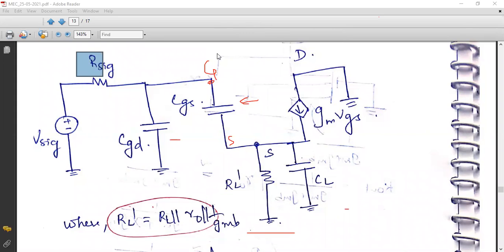We should insert a dummy voltage source and calculate. Very good. We will insert a dummy voltage source, consider the current Ix and Vx, and find the ratio of Vx by Ix.